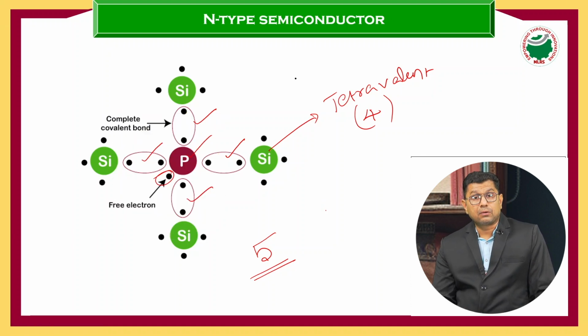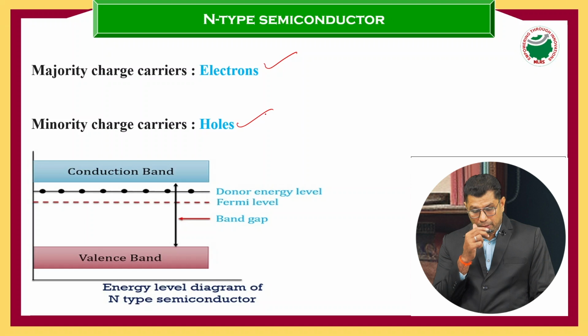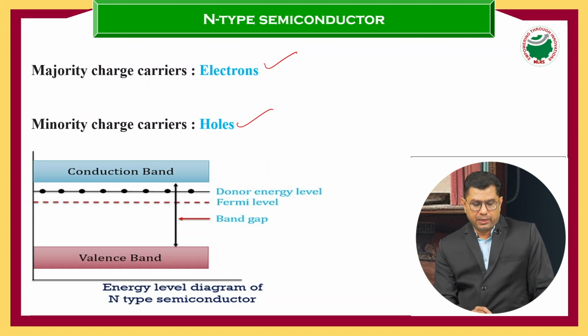So whenever we add pentavalent impurities, we get an n-type semiconductor, where the majority charge carriers are electrons and the minority charge carriers are holes. When we observe the energy level diagram with conduction band and valence band, the donor level belongs to, in our case, phosphorus.